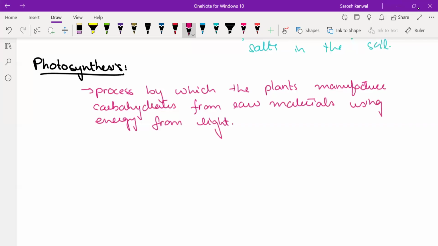Now we are going to get back to our lecture. So this was photosynthesis. We just studied that it is a process from which the plants manufacture carbohydrates from raw materials using energy from light.